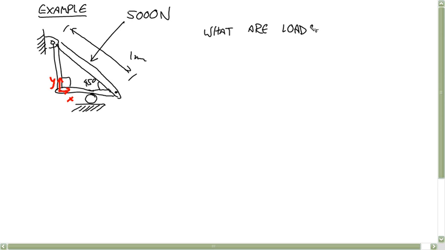Did you say the roller was right in the middle? Yes. Yeah. What are the loads on each member? At the pins.